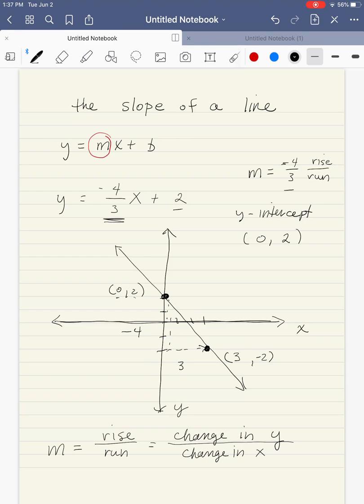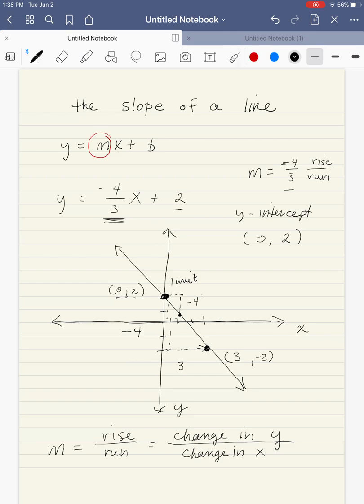So we see that our slope, our m, gives us a rate of change. How much is y changing for every incremental change in x? So if we think about that, if we look here that we're going over 1 unit in the x direction, how much did y change?